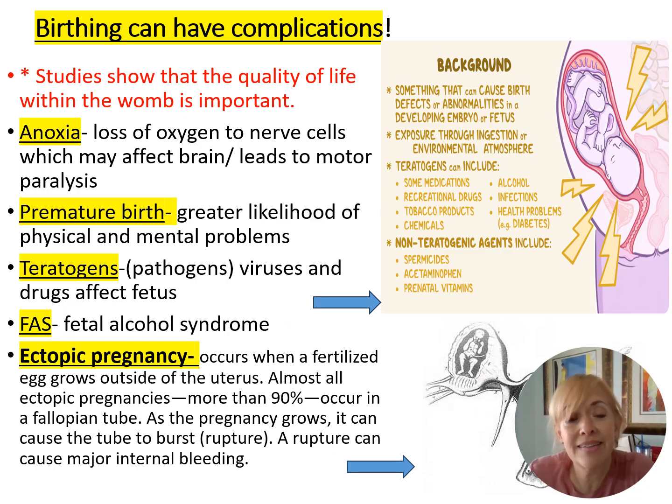This slide is giving us some really important information about birthing complications. So anoxia, lack of oxygen to the baby, this could happen before birth or during the process of birth. Premature births are another complication where babies are born prematurely. They're at greater likelihood of physical and mental impairments. Teratogens are pathogens. It could be a virus, it could be drugs that affect the fetus.